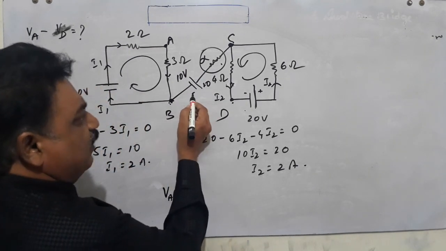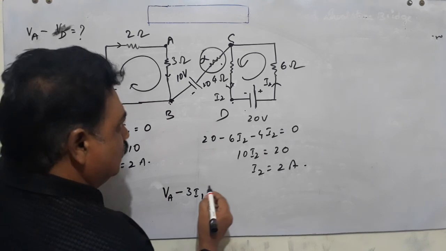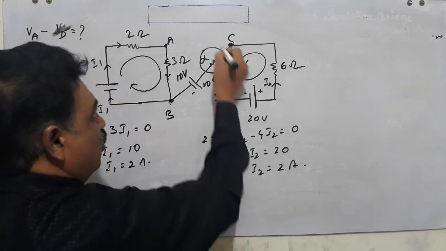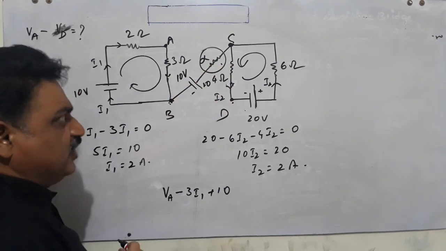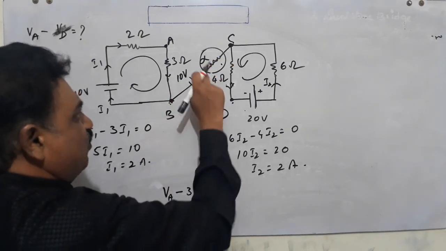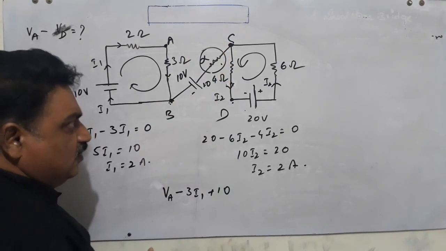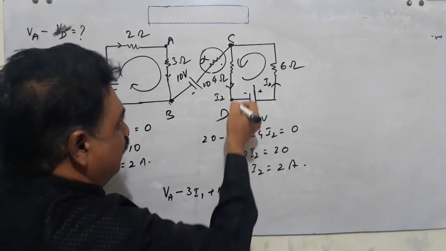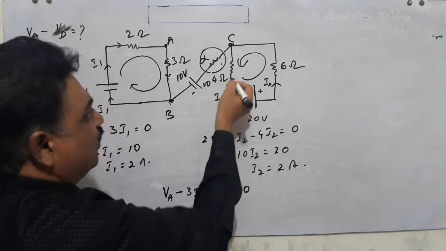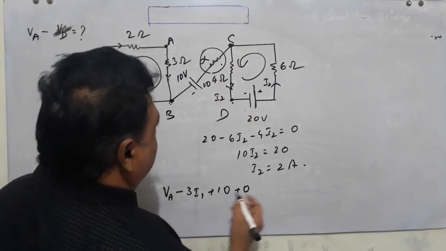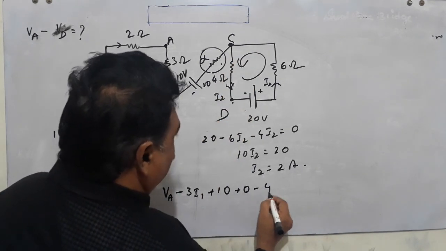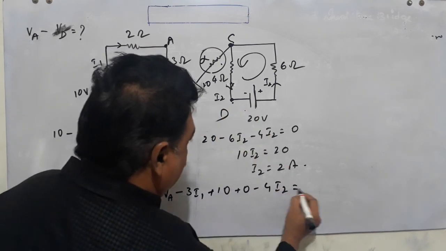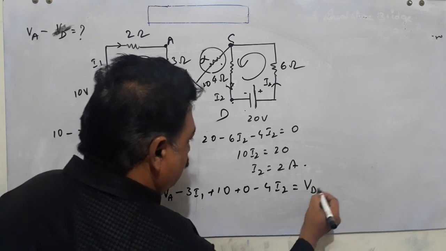You are moving from negative to positive, so it is plus 10. Here there is no current, so the potential difference across this resistor, whatever value you give, is 0. And here you are moving along the direction of current I2, that means minus 4I2, and finally you reach D, that is equal to VD.